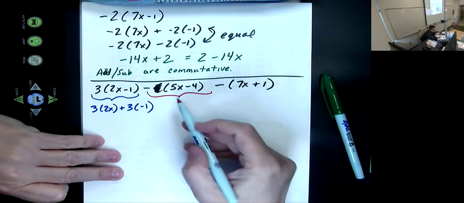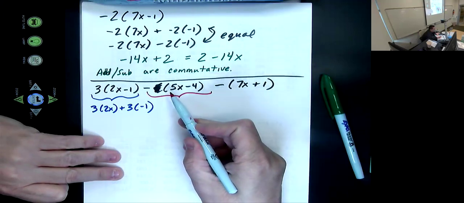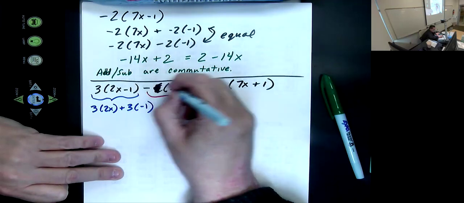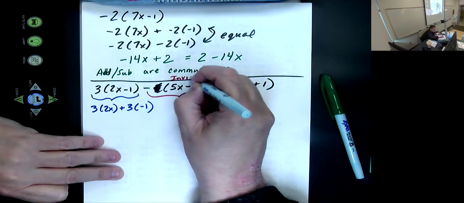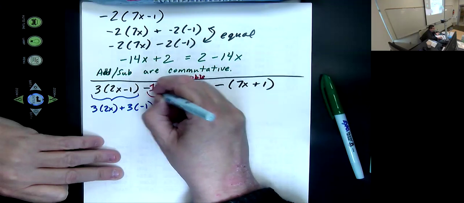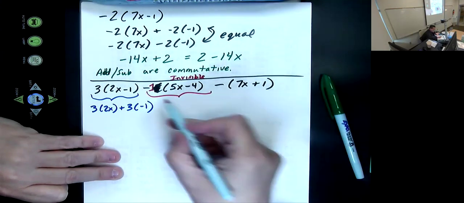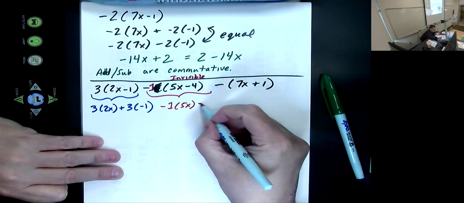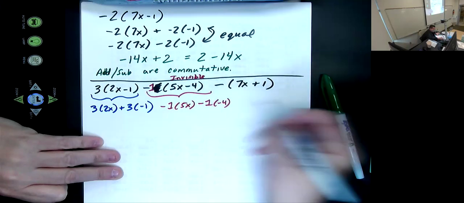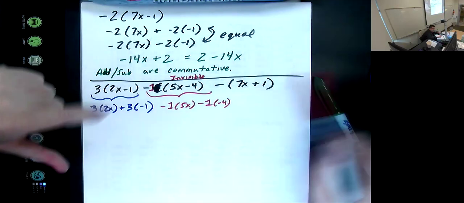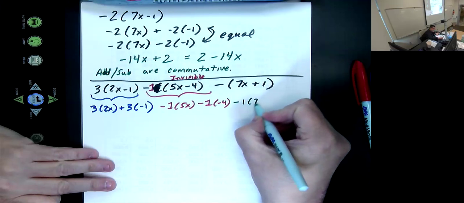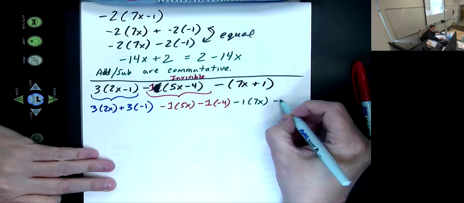When I have minus in front of something but no number, the minus still has to go through. So there's like an invisible 1 here. So we're going to have minus 1 times 5x minus 1 times -4. And then minus 1 times 7x minus 1 times 1.